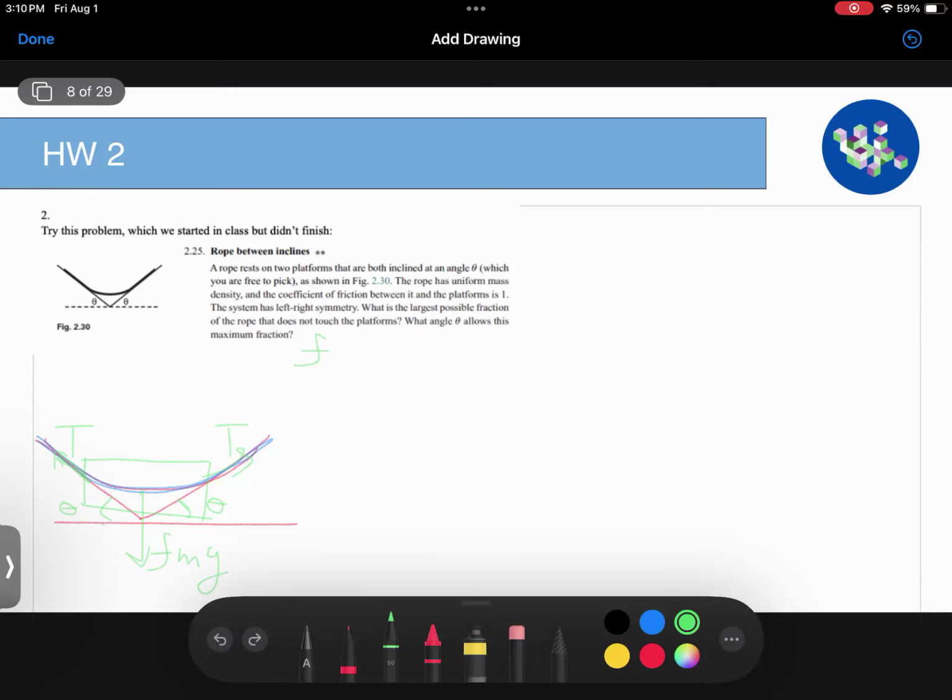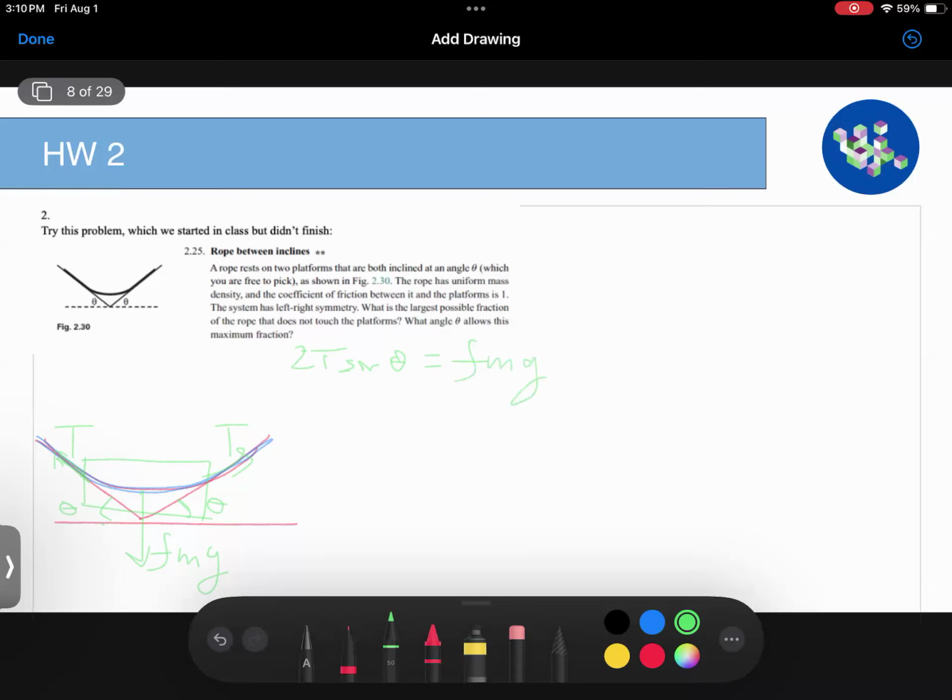The horizontal components of tension cancel, so the force balance equation will just be 2T sine theta equals fmg, right?